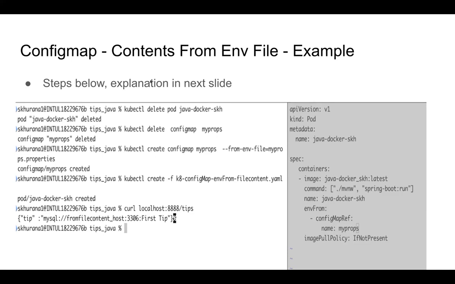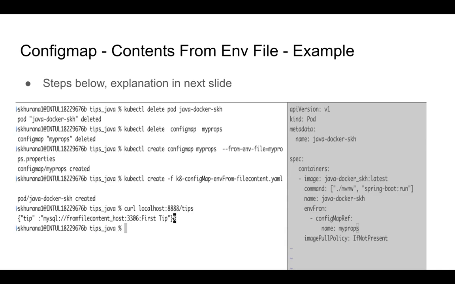Using Kubernetes, we will have the properties inside this file created as environment variables, and our application will be able to take those environment variables and use them as configurations.